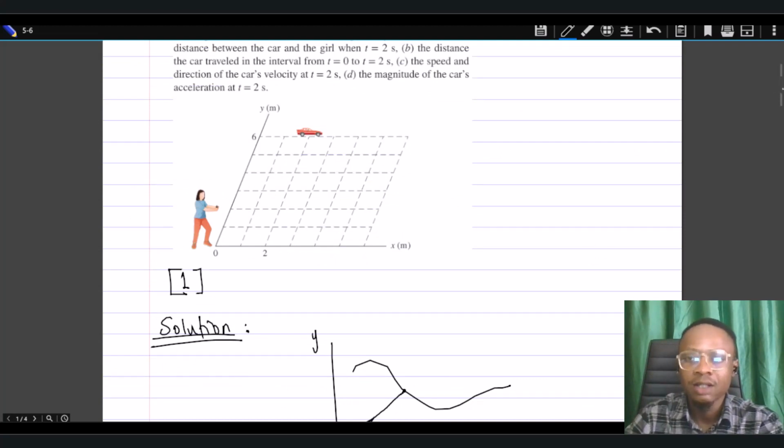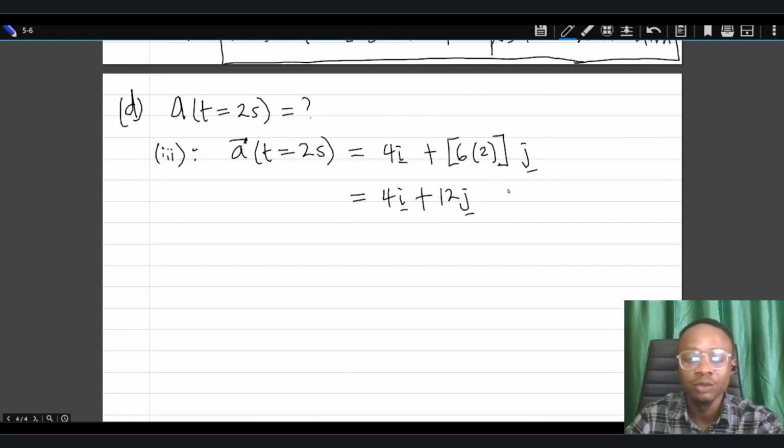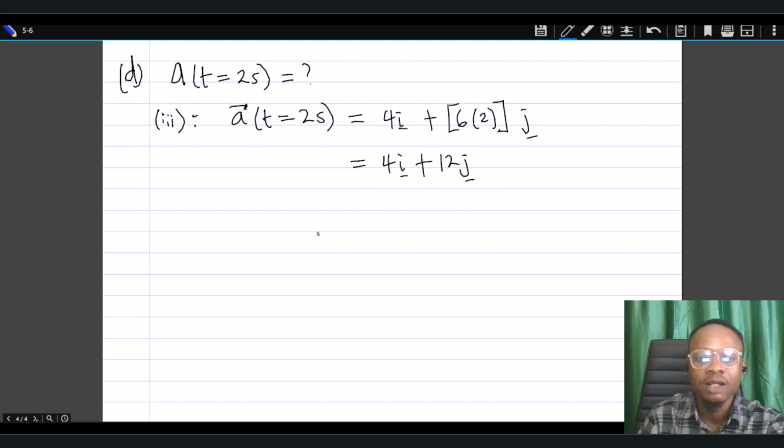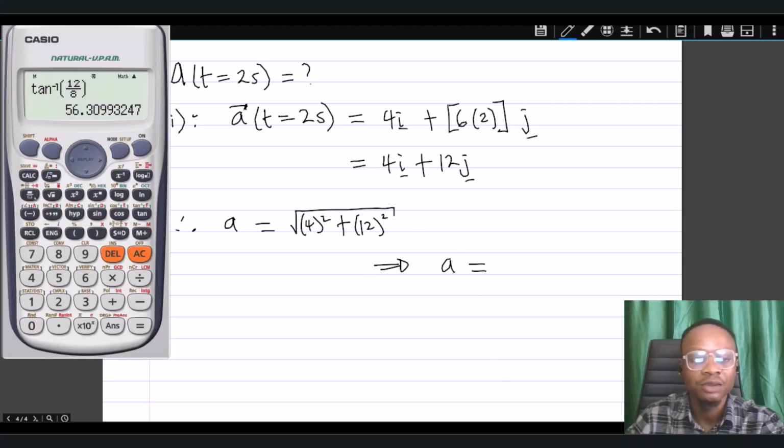So we just get the magnitude, which is the square root of 4 squared plus 12 squared.